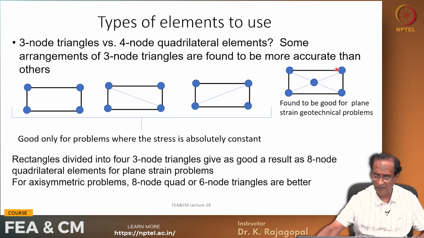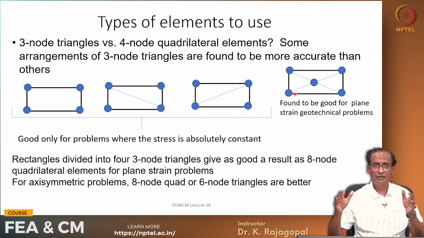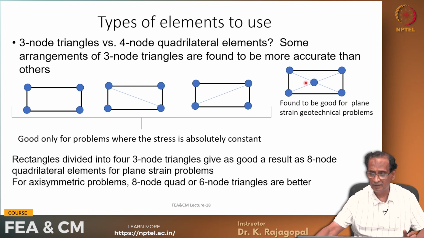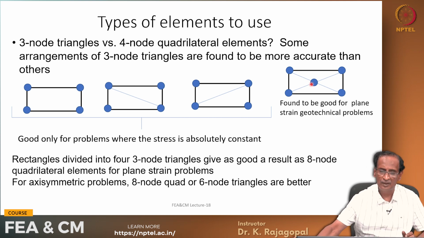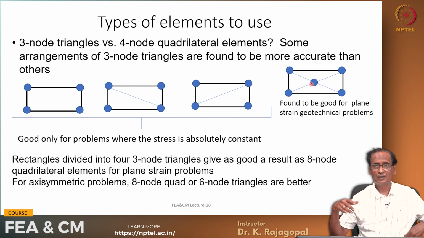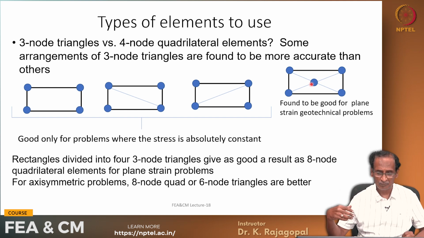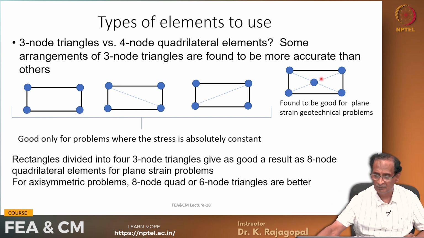And within geotechnical engineering, the experience is that if you divide any rectangle into 4 triangles like this, we can get good results for plane strain problems, for a strip footing or an embankment or something, not for axisymmetric cases.